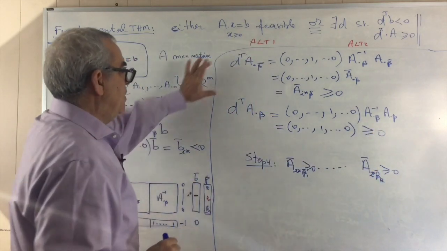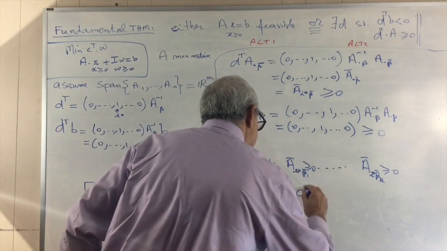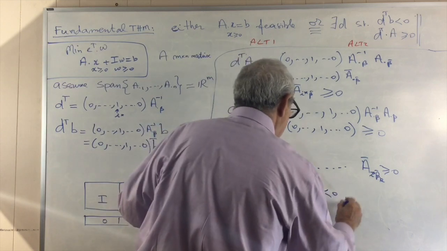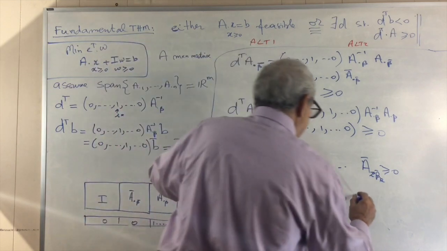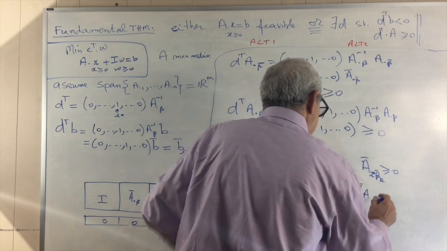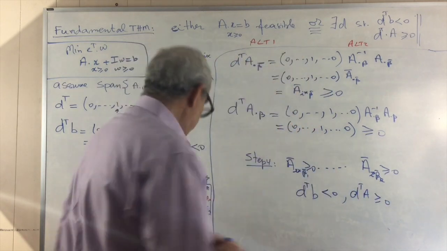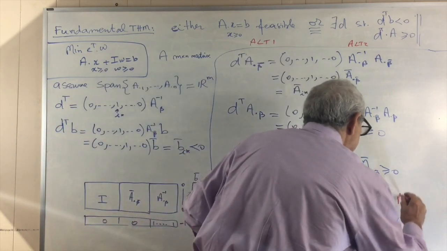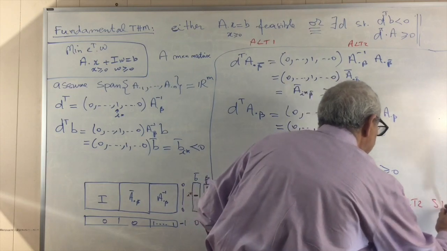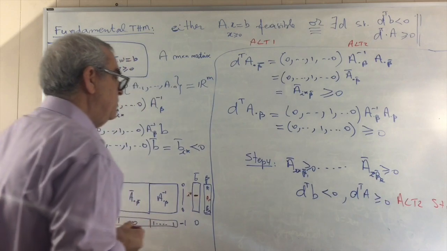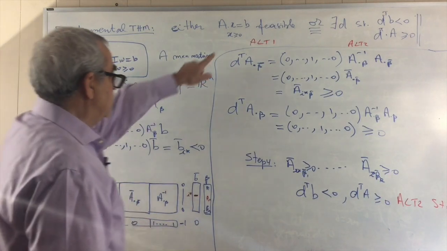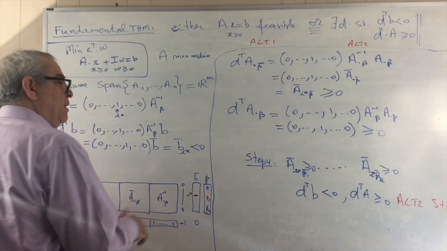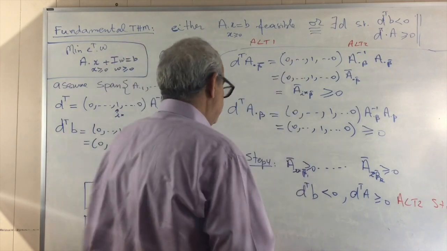So therefore I showed that D transpose B is negative and D transpose A is greater or equal to 0. So this is alternative 2. Stop. So in case 1, we got alternative 1, we stopped. And in this case, when the row over here is greater or equal to 0, we stopped. That's alternative 2.